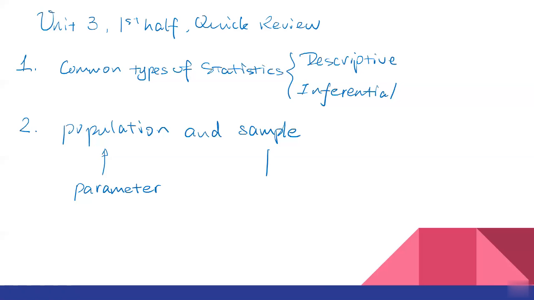And the measurement used to describe the characteristics of the sample is called a statistic. And a sample is actually a subset that is drawn from the population in order to study the population, right?